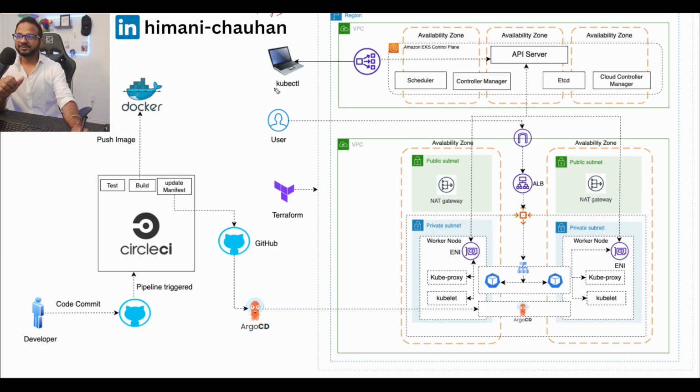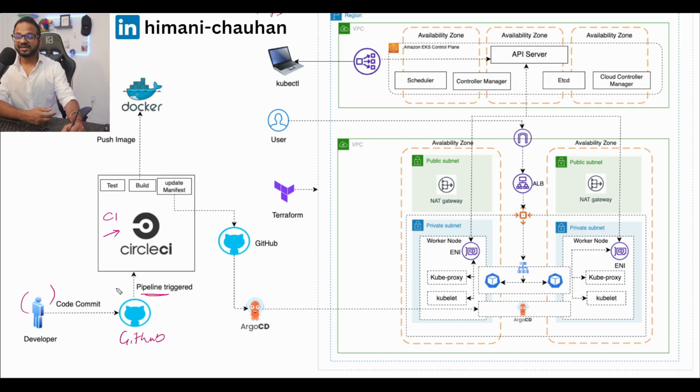So it starts from here when developer performs the code commit through a pull request or the direct merge into the requested branch in GitHub repository. The code is then pulled by a pipeline, which is CircleCI, the CI tool that we are using over here. So CircleCI detects the changes in the GitHub repository and then it triggers the pipeline.